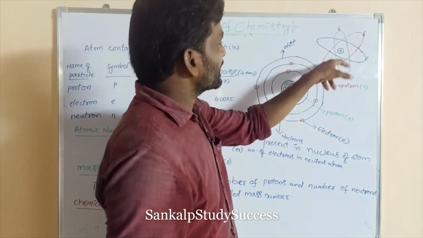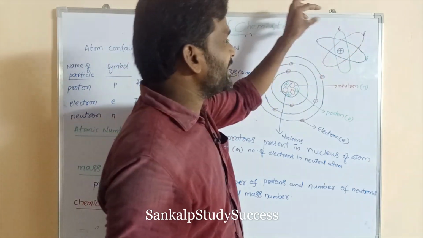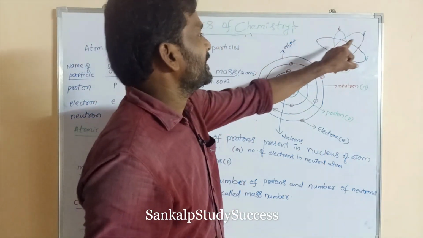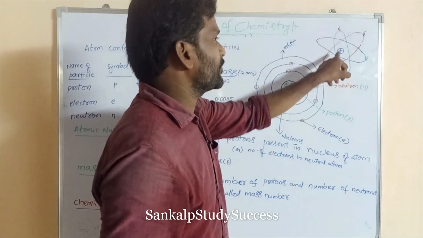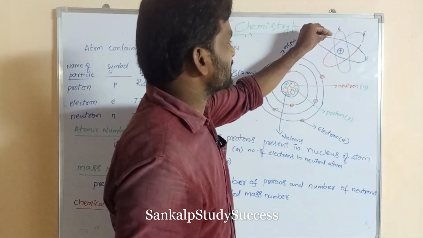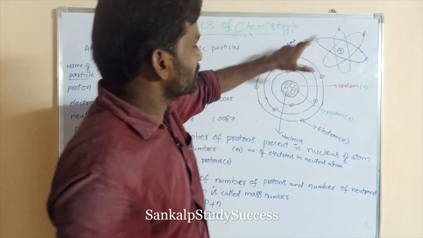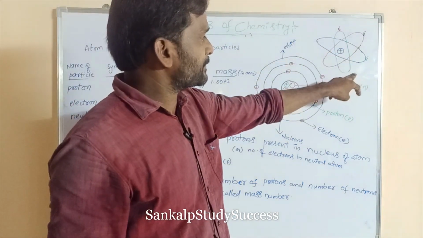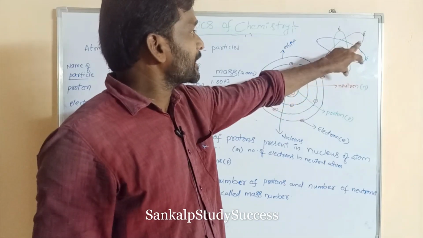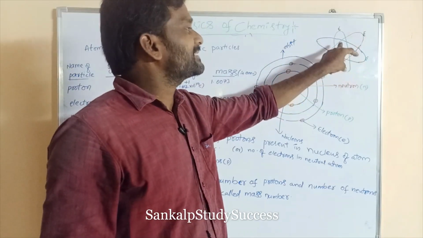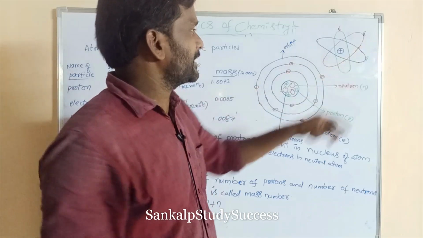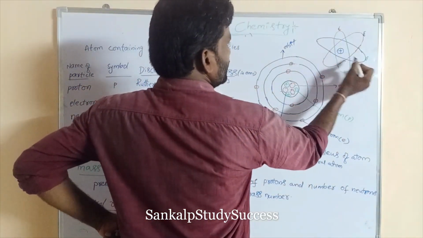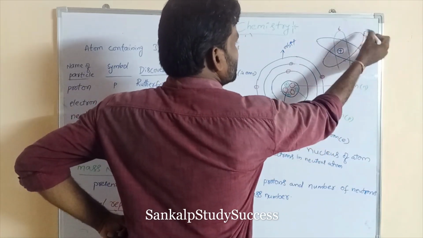So the electron revolves around the nucleus in three-dimensional space in a circular path, right? In this diagram representation, the positive charge is said to be the nucleus, and these are the electrons.